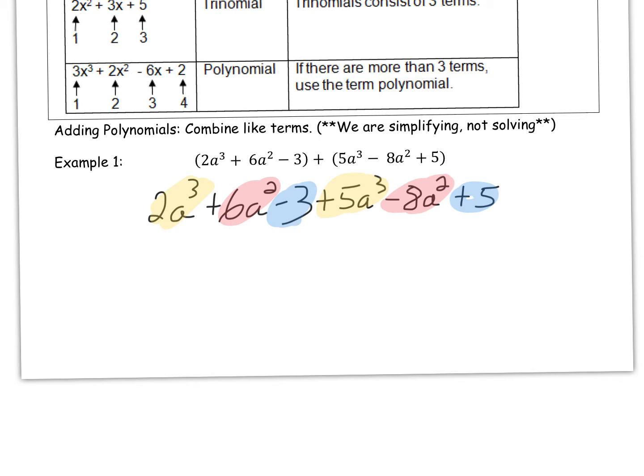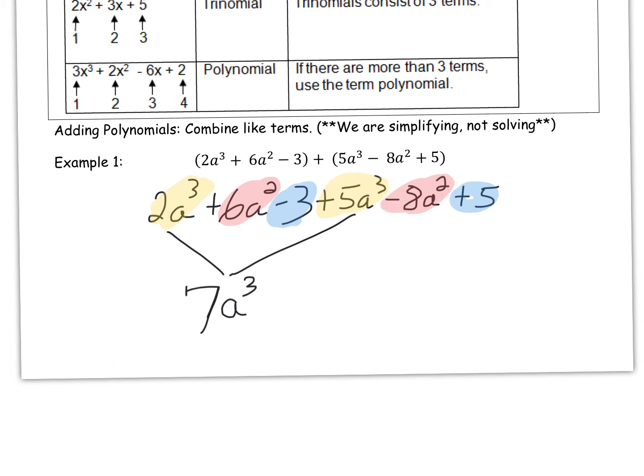So we have 2a cubed plus 5a cubed. Well, when you add those, you're going to get 7a to the third. All right, and then let's take a look at our 6a squared and our minus 8a squared.